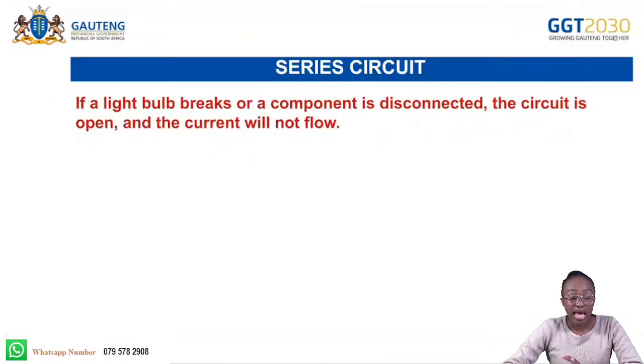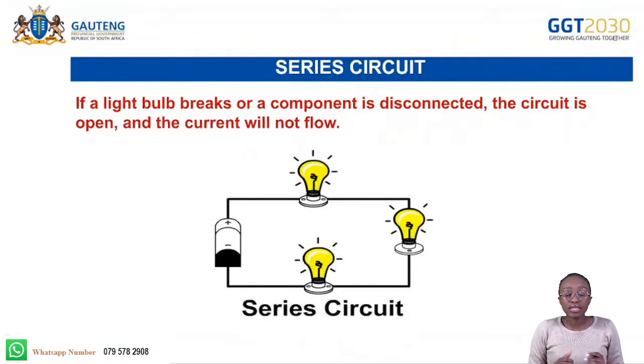So if a light bulb breaks or a component is disconnected, the circuit becomes open. In a series circuit, if one of the light bulbs pops or breaks or becomes disconnected, what's going to happen? The current is not going to flow, and as a result, the whole circuit is affected.